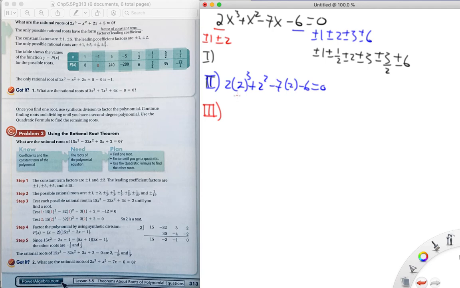We're going to do long division. So we're going to divide. Is it 2?